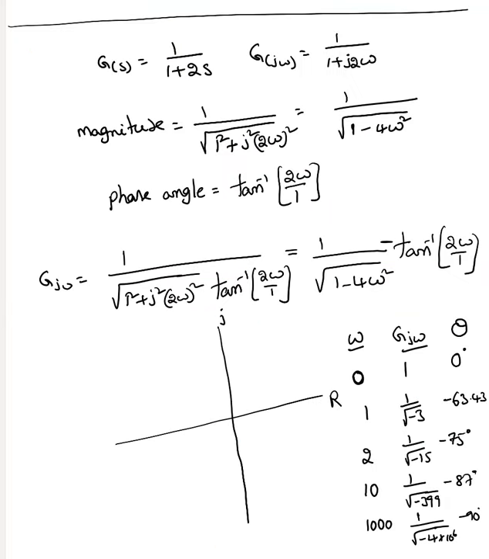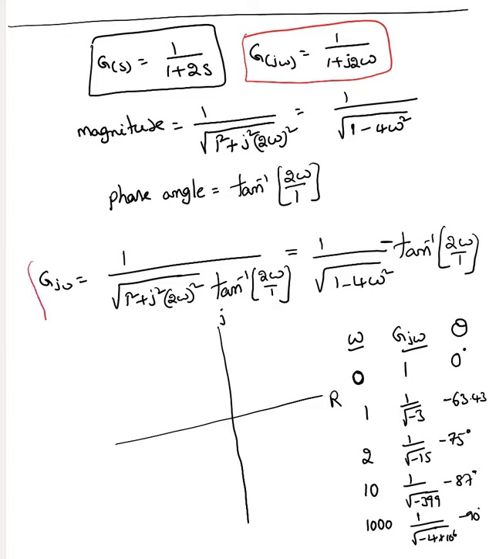Here is the next example. In this example, he gave us g of s equal to 1 over 1 plus 2s. That's the given one. Okay, when I convert this into gj omega, it equals 1 over 1 plus j2 omega. Now when I write it down in the magnitude and phase angle format, the magnitude is square root of 1 square plus j square 2 omega square.